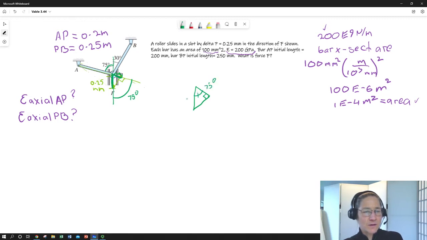This hypotenuse is 0.25 millimeters. So the desired length is simply going to be 0.25 millimeters cosine of 75 degrees.